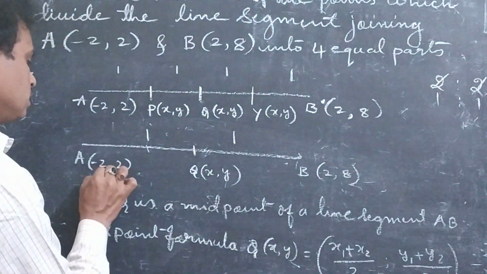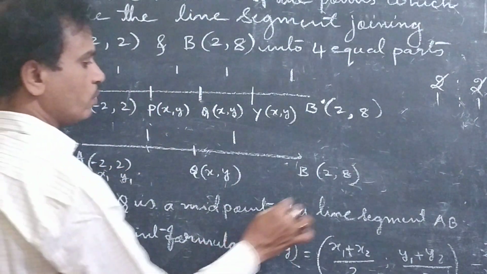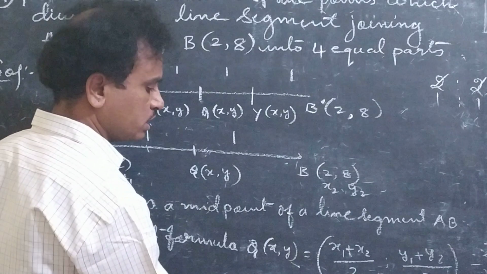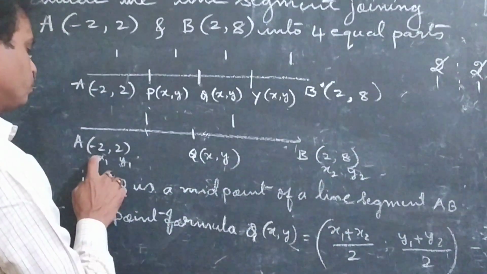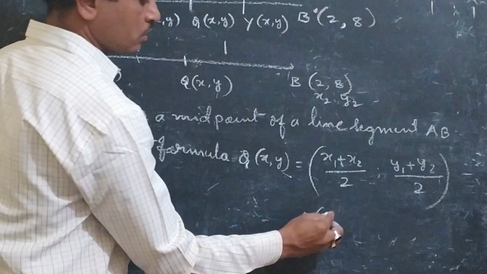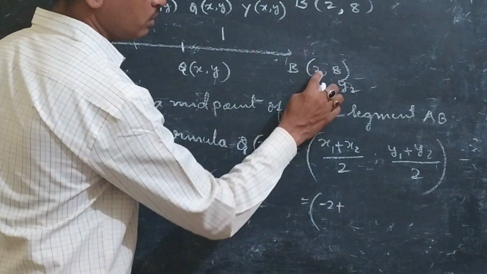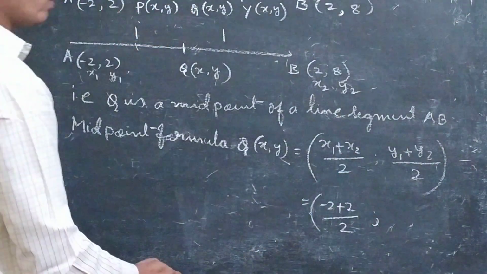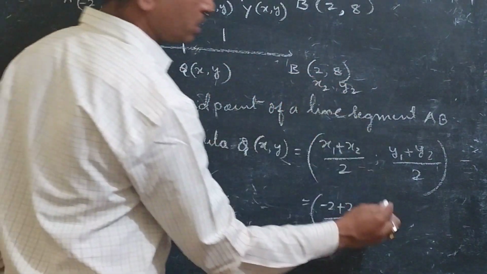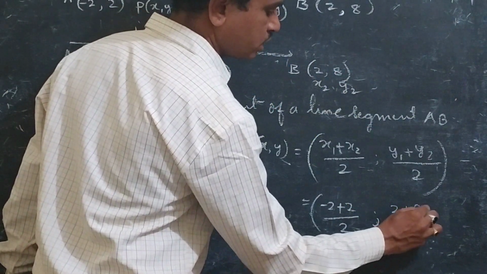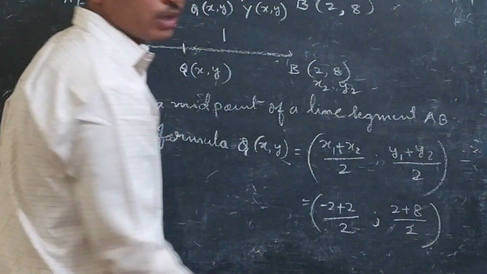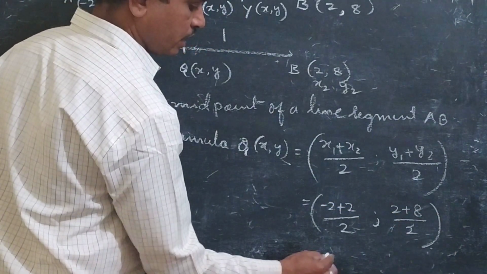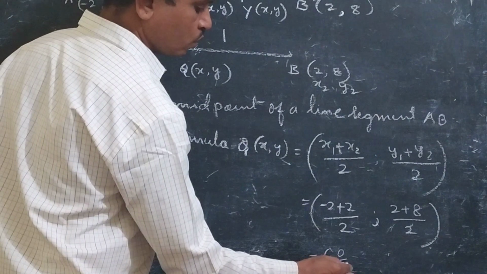Here we take x1, y1, and x2, y2. So this is equal to -2 plus 2, whole divided by 2, then y1 plus y2, 2 plus 8, divided by 2. -2 plus 2 gets cancelled, that is 0 by 2.